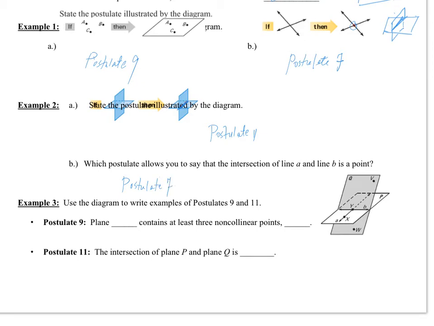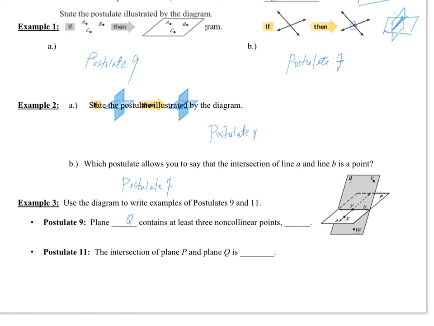Make sure you study your postulates, the basic postulates 5 through 11 well, as you will need to use them for further proofs. Example 3. Use the diagram to write examples of postulates 9 and 11. Postulate 9. Plane, let's choose Q here. Plane Q contains at least 3 non-collinear points.